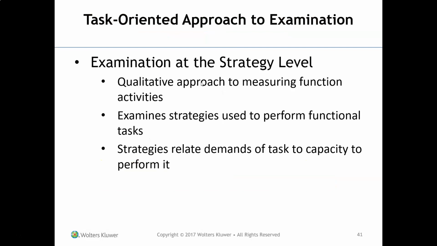Now, exams at the strategy level, qualitative approach to measuring function activities, exams strategies used to perform functional tasks, strategies relate demands of tasks to capacity to perform it. Okay.